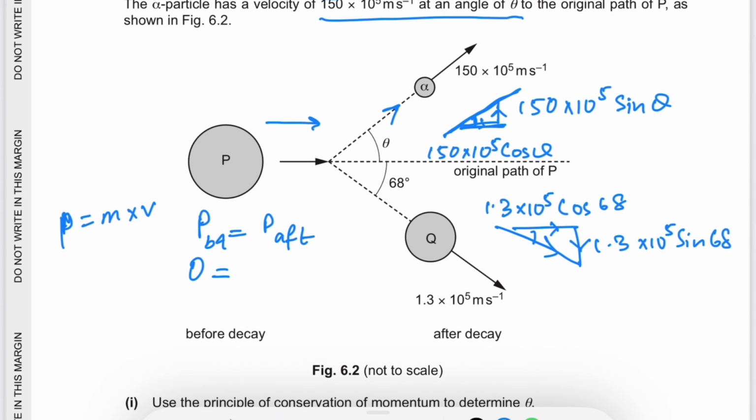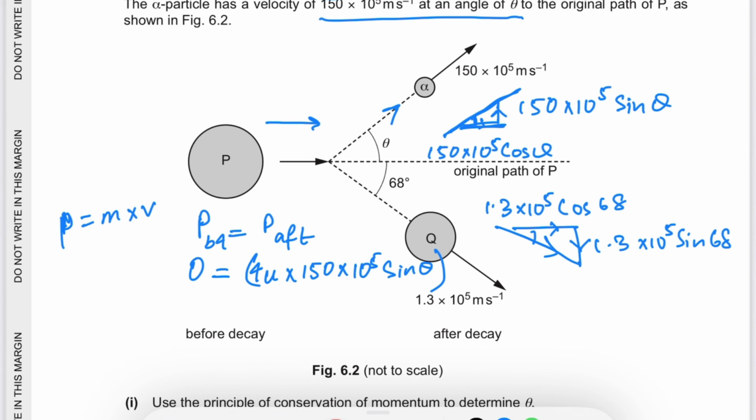So what does that mean? For alpha, let's say the mass of the alpha particle was 4 units times the velocity. Since we are looking at the vertical component, that would be 150 times 10 raised to 5 sine theta.